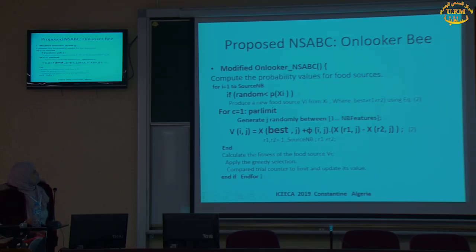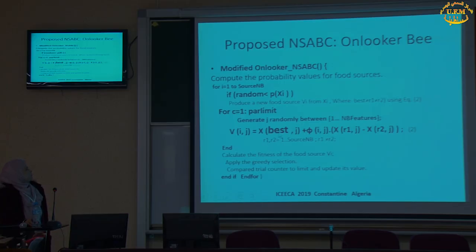For the onlooker bee phase, we compute the probability value for food sources from source 1 to source ND. We generate a random number and compare it to the probability of the source XI, which was calculated before. We produce the new search equation VI from parameter 1 to parameter, and here we use the information of the actual best solution to generate the new solution.